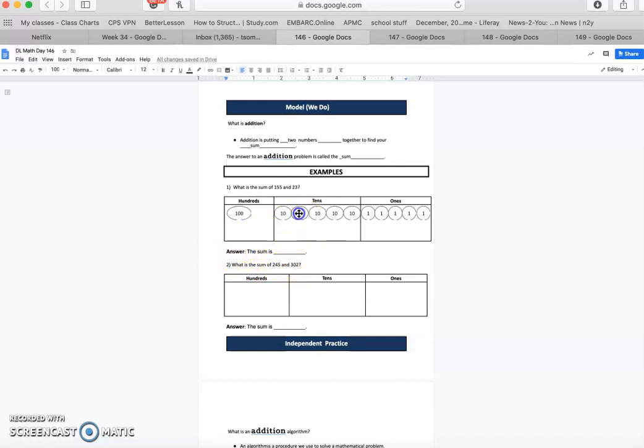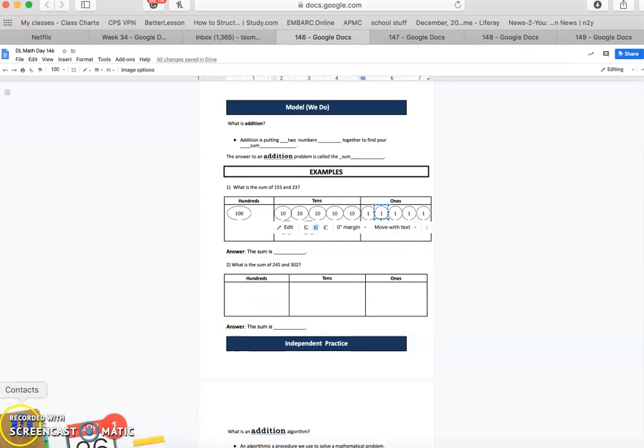If I add 23, that means I would add 2 more 10s, and I would add 3 more 1s. And the way that I do that is just like this.